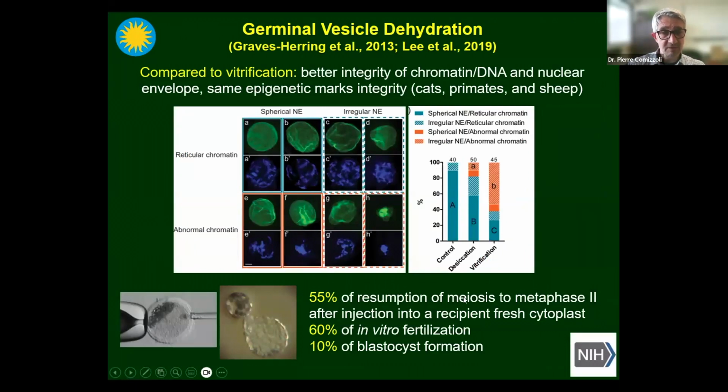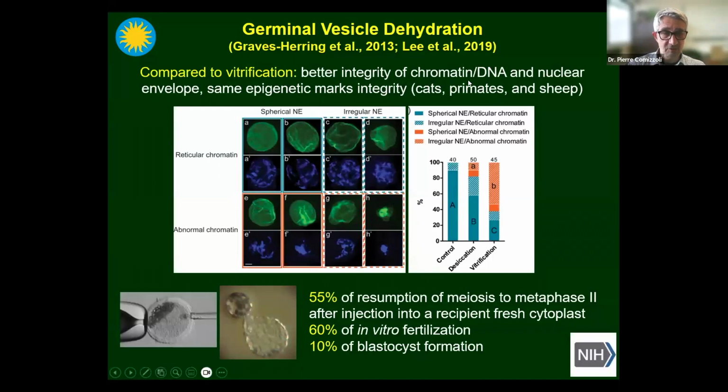What we noticed is that we can definitely recover a much better integrity in terms of the chromatin and the nuclear envelope by drying the germinal vesicle instead of freezing or vitrifying them by cryopreservation. And interestingly enough, the epigenetic marks that we looked at are not different between desiccation and cryopreservation.